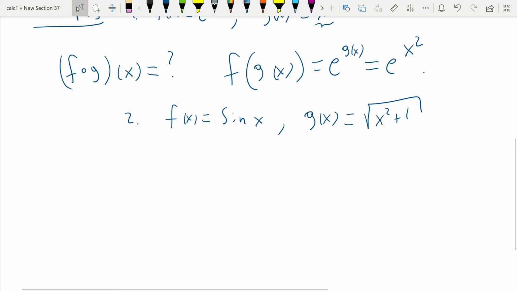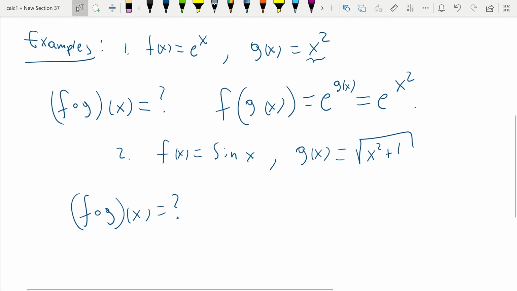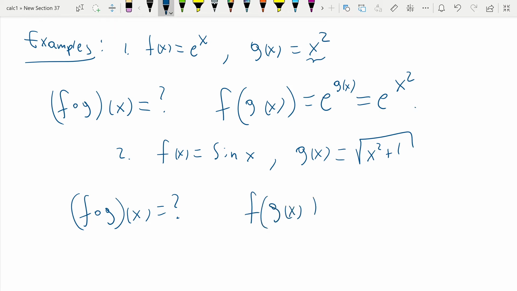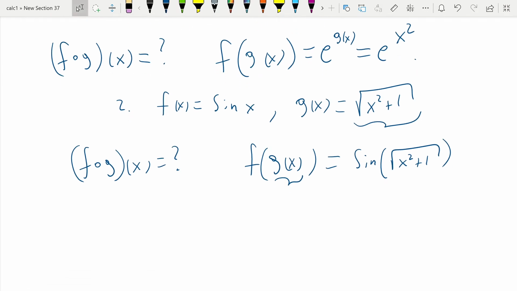Then what is f composed with g? Well, again, we follow the rule. We go from the outside, so f is the outside function. We compute f of g of x, which is sine of what's inside, g of x. And what is g of x? It's the square root of x squared plus 1. So this is f composed with g.